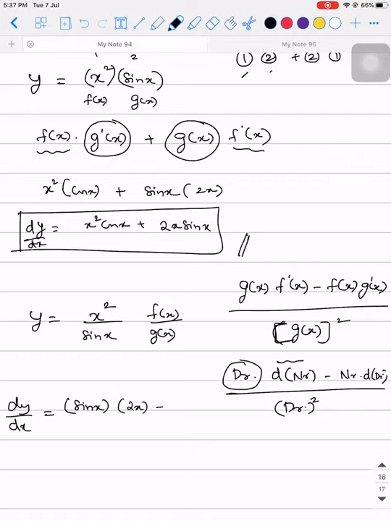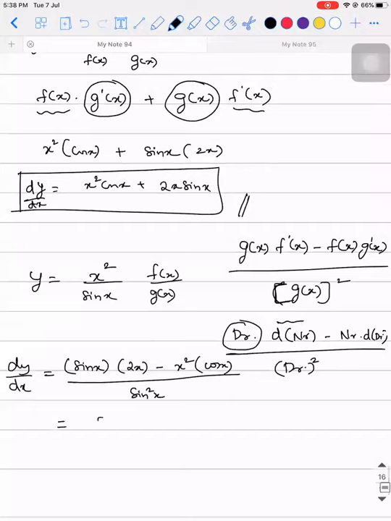Minus is there in the formula itself. Numerator, x square, into derivative of denominator, cos x, by sin square x. This is the form. So 2x into sin x minus x square cos x, whole divided by sin square x.